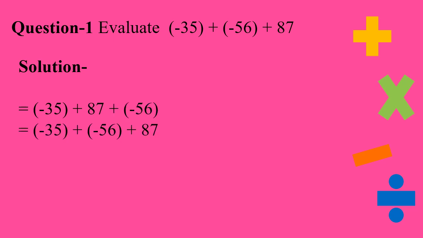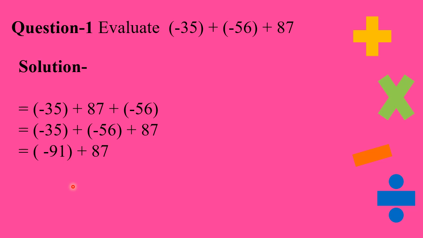First we can add the negative values by applying the rule where we add the absolute values and then take the common sign. That means 35 plus 56 is 91 and the common sign is negative. So we would get minus 91.